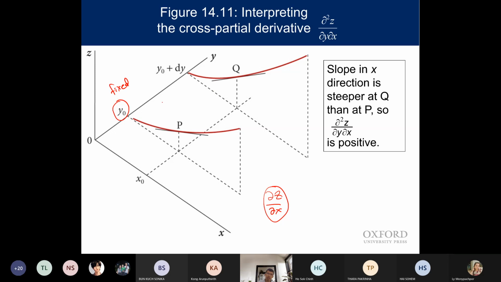Of course this is a surface, but when you walk in this direction, you start at y0 and walk along the curve.